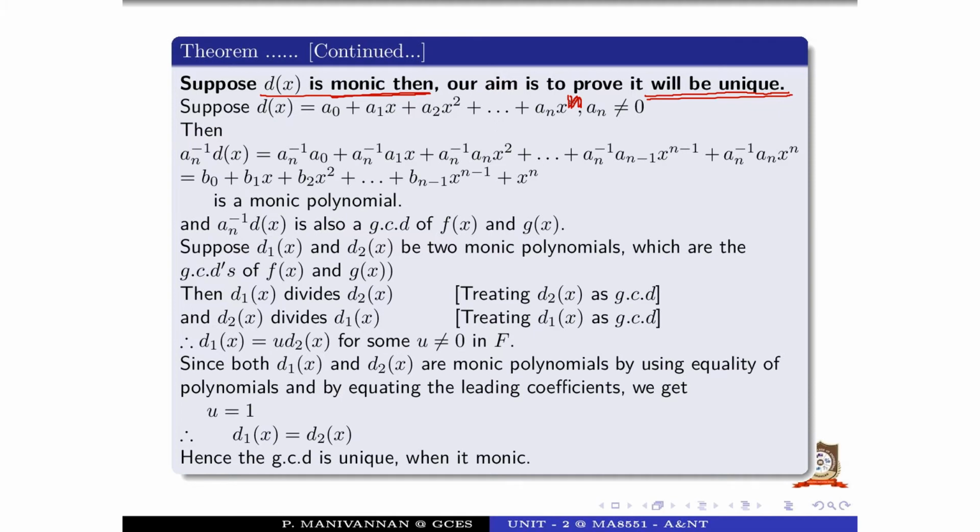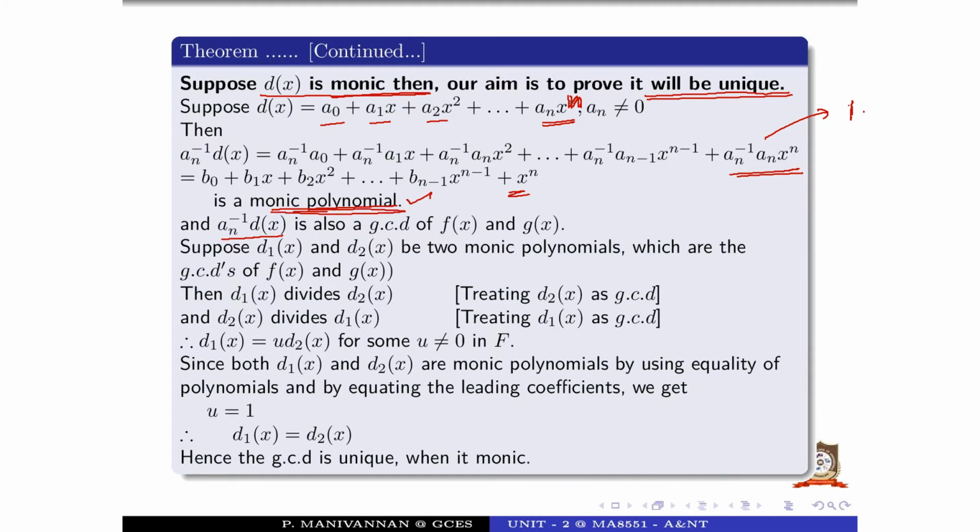An inverse into an, multiplying each and every term by an inverse, we get an inverse an is identity, so it is 1. Therefore, it is a monic polynomial. Therefore, an power minus 1 into d of x is a monic polynomial.